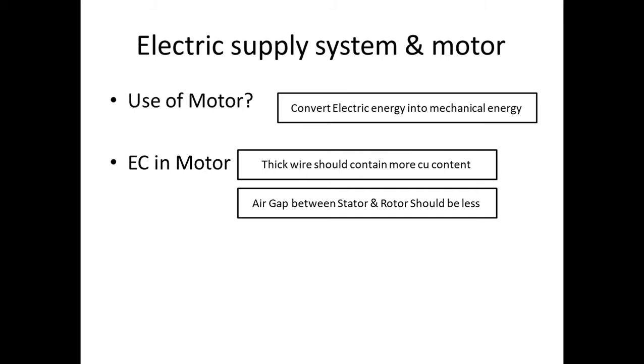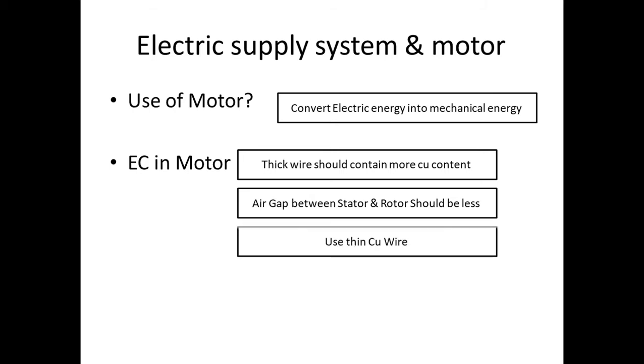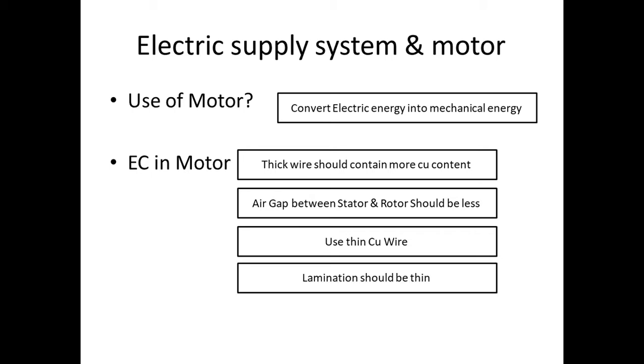If the air gap between the stator and the rotor is less, then the loss of energy will be less. Or if we use thin copper wire for lamination purposes, then absolutely the energy loss will be less.